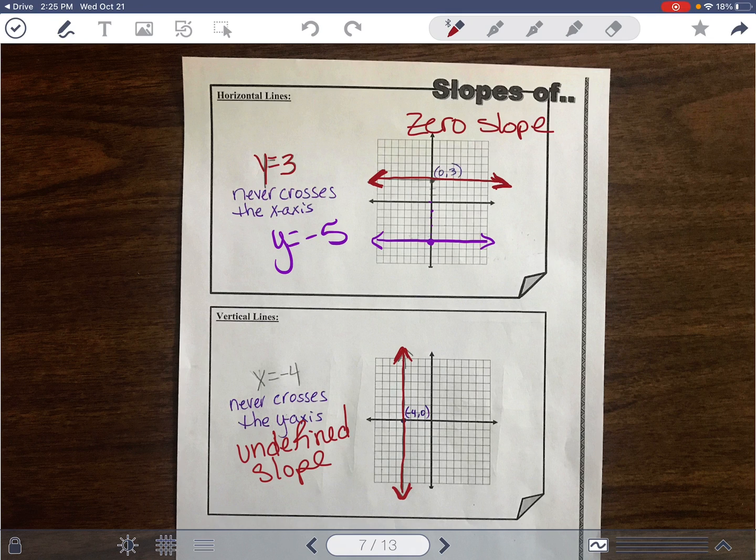It's undefined. And these are zero slope, horizontal, or zero, vertical lines have an undefined slope. And they are always represented with x equals some number. So you could do one like this, x equals 2, and draw the vertical line through 2, and that would be an undefined slope, x equals 2.